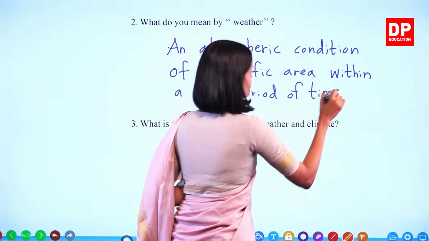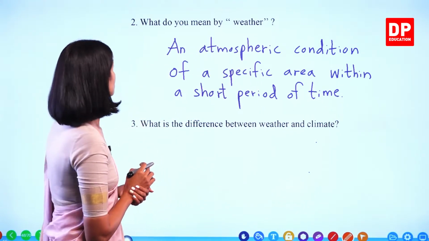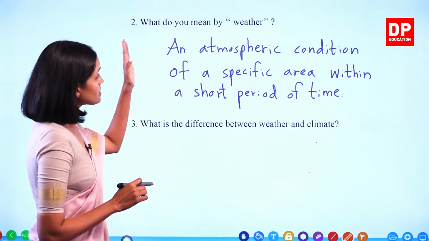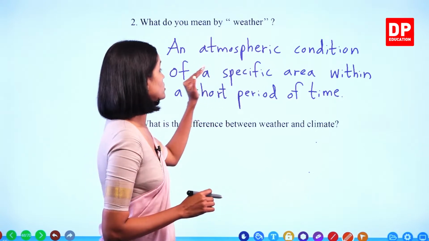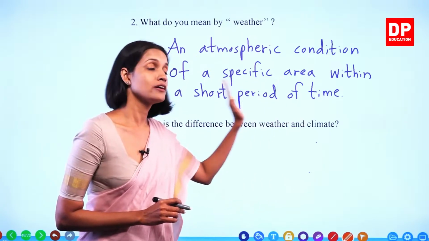Okay, children? So what do you mean by weather? It's an atmospheric condition of a specific area within a short period of time, right?